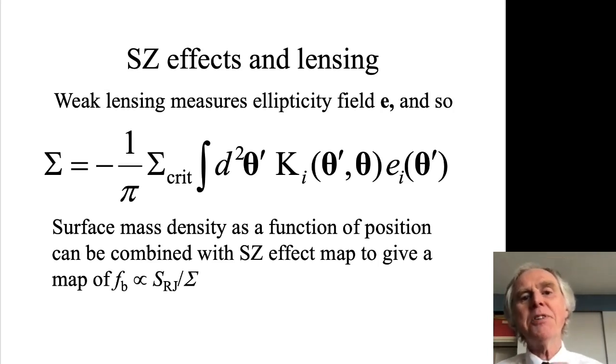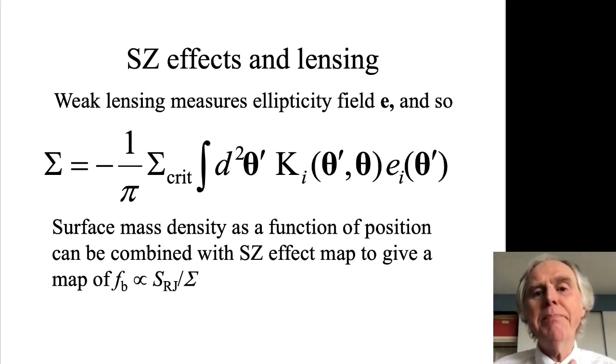Now, what that means is that if you measure what's called the ellipticity field of the background galaxies, you can integrate over solid angle with some kernel function K to extract a surface mass density as a function of position.